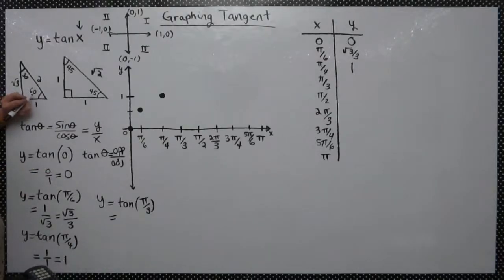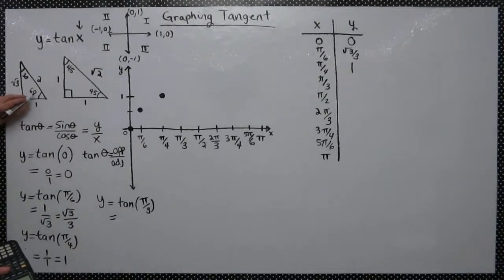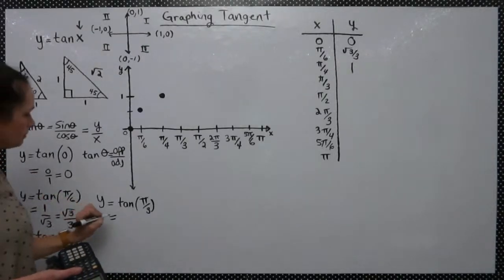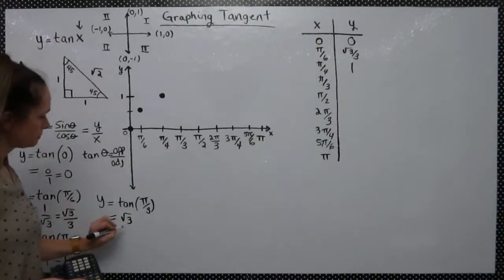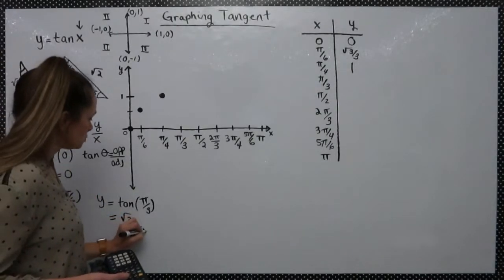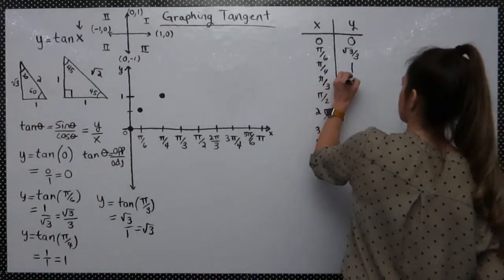So I'm looking at 60 and applying that rule, opposite over adjacent. Opposite 60 is radical 3, and adjacent to 60 is 1. So this is just radical 3. And I'll put that right here. Radical 3.